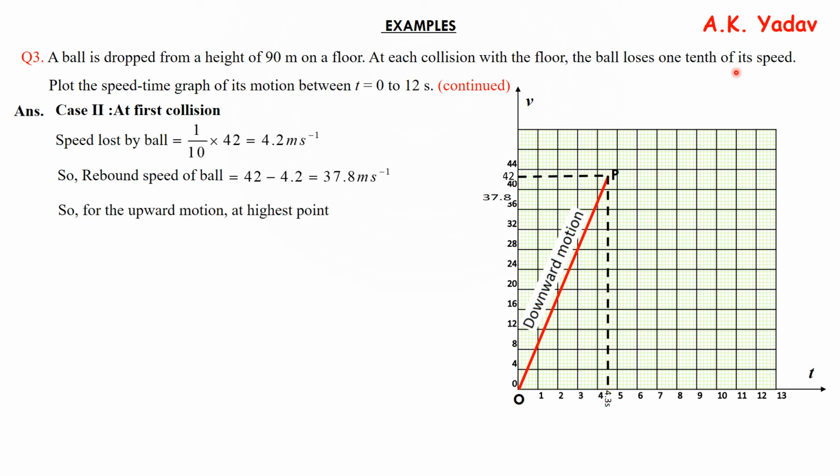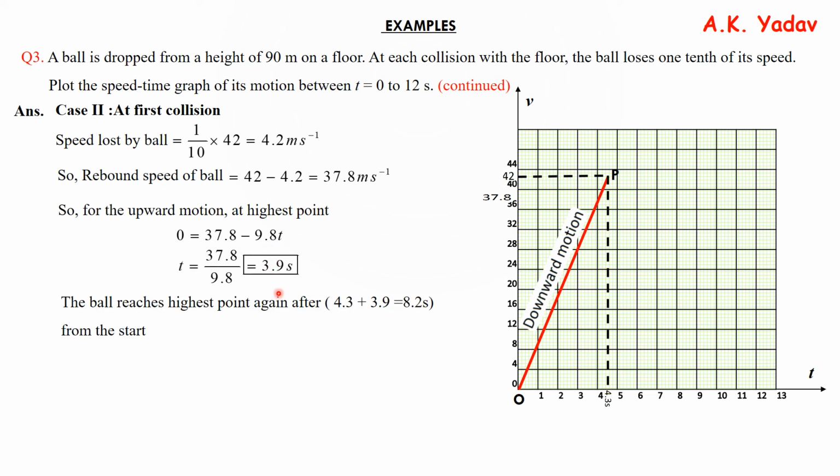So for the upward motion, moving to the highest point, we will use the equation v equal to u plus at. The final velocity will be 0 because at the highest point the velocity is 0, and the initial was 37.8 and it's going upward, that's why minus 9.8. This gives me t equal to 3.9 seconds.